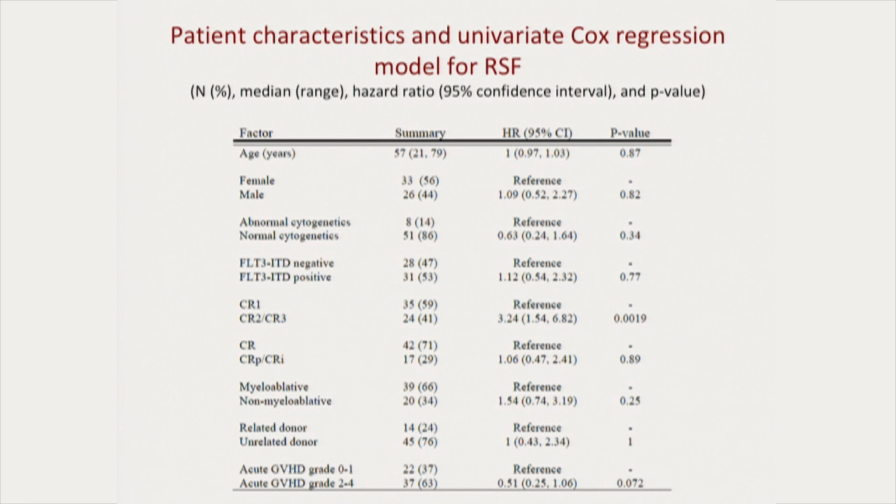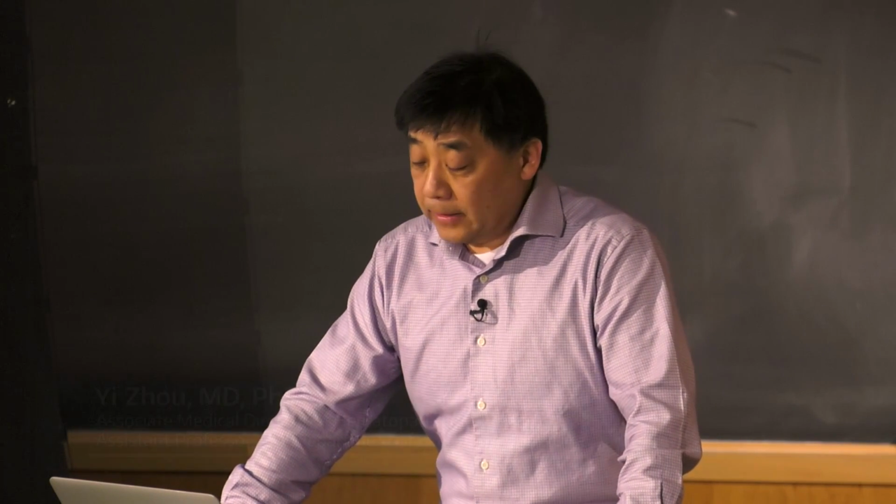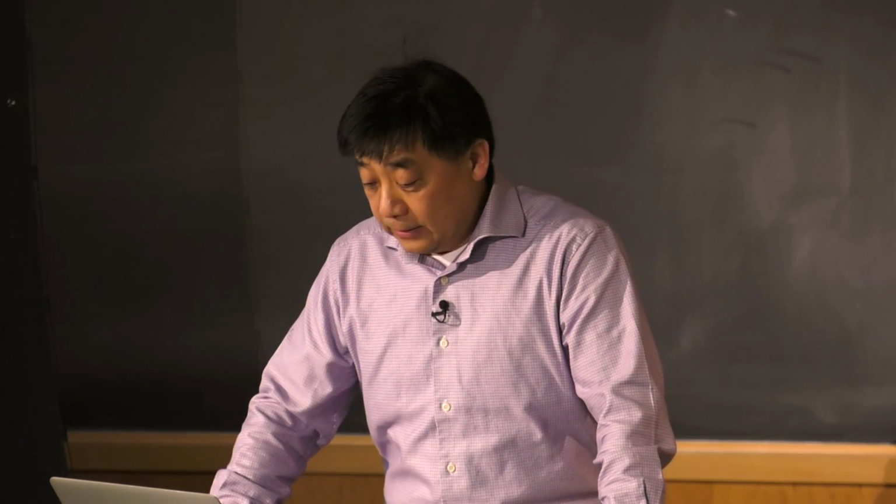So we started by including all the conventional risk factors to compare, including age, gender, abnormal cytogenetics, FLT3 mutation status, disease status, whether it is de novo disease versus relapsed disease, and at the time the CBC recovery, myeloablative versus non-myeloablative, acute GVHD, and the donor type, which is a common parameter people compare for this type of study.